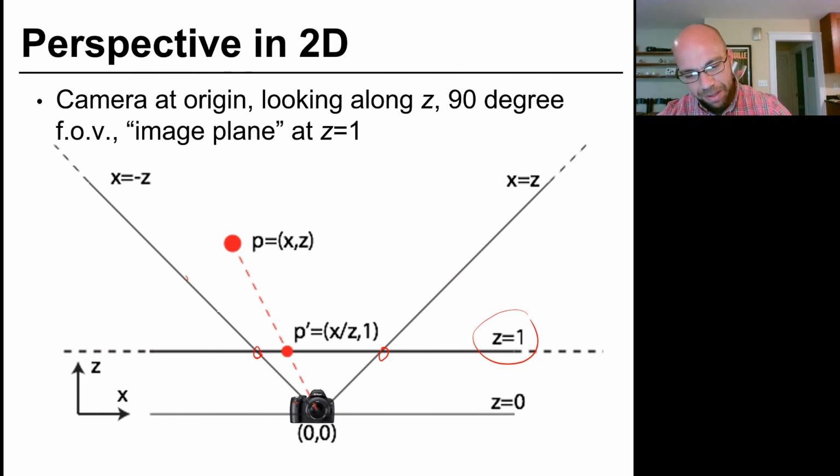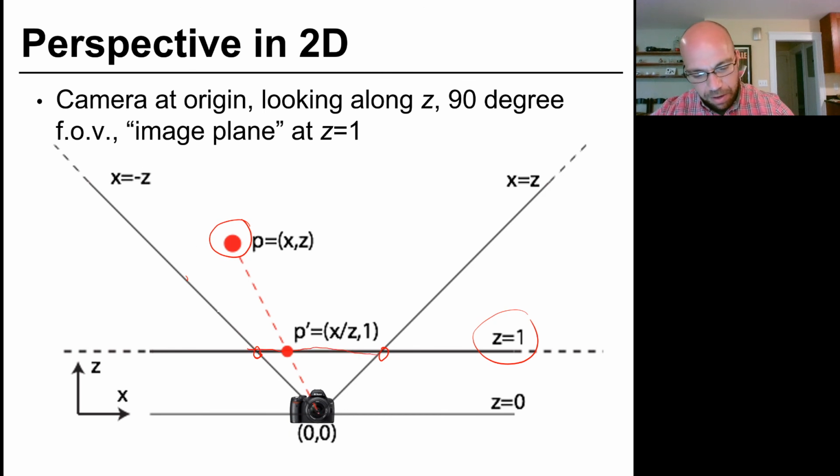Namely, let's say that, by the way, in this slide, we're ignoring y, like the up and down. So think of like I'm looking down on your eyeball and it's got a view going out like that. Okay, so let's say that I have a position x comma z, and it's in 3D space somewhere, and I'm trying to figure out where it is on my screen, which is sitting at z equals 1.